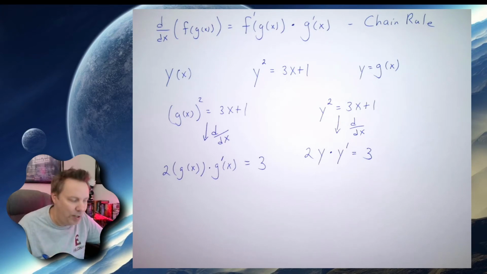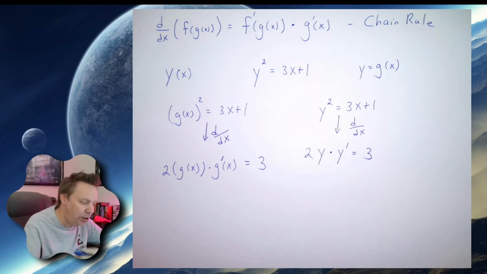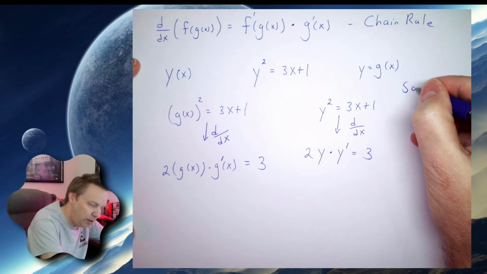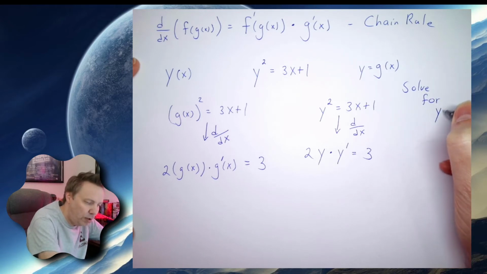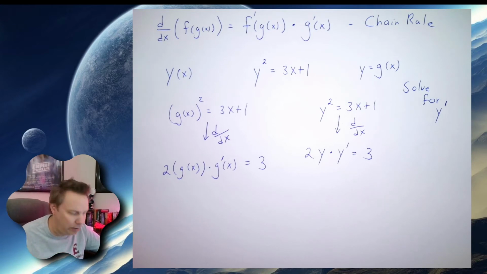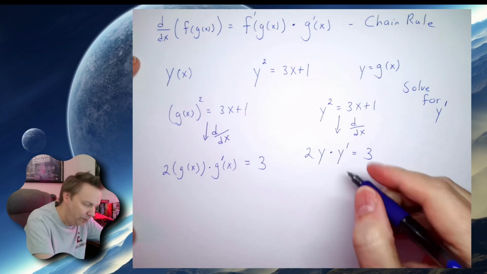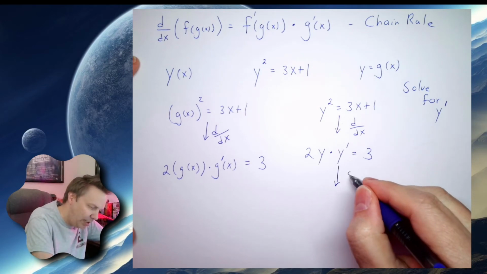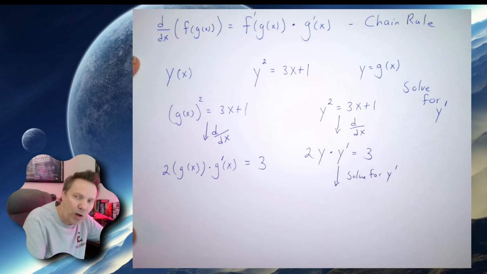The end game of all this, or the initial question, should be: solve for y prime. That's my actual question. So I could take this one step further, and I can solve for y prime.